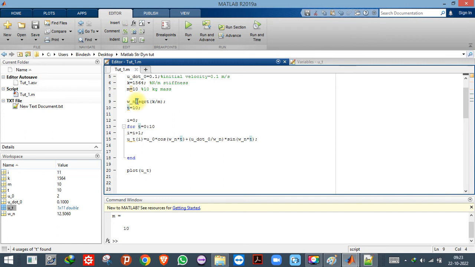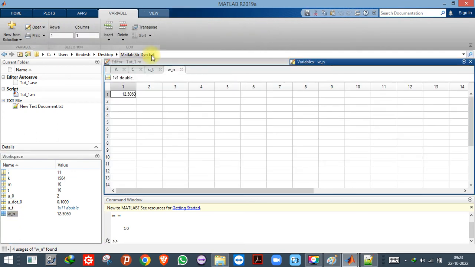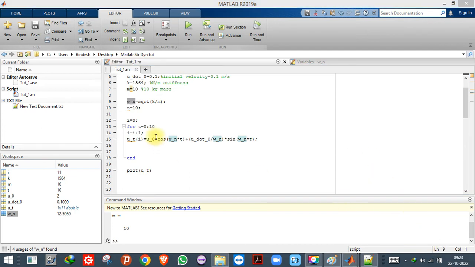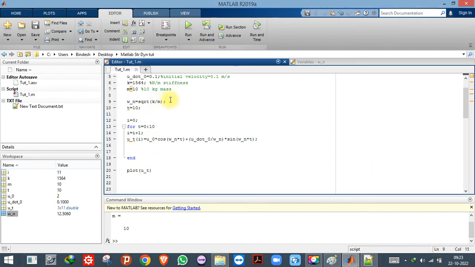As I have said, omega n is the frequency. Again, let us go to the definition of frequency. It says 12 cycles in 1 second. Sorry, 12 radian per second. Omega n is nothing but radian per second.